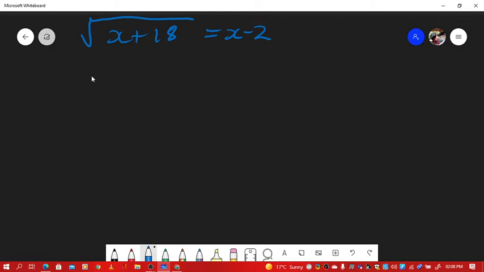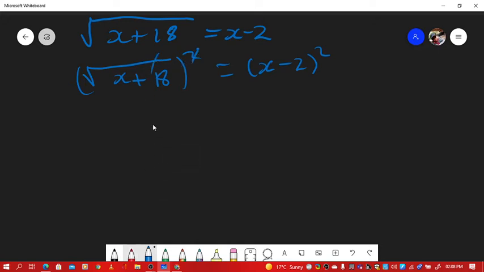So if we square both sides, we are going to have the root of x plus 18. I'm sorry, it's 18, not 8, plus 18 squared, which is equal to x minus 2 squared. So the square is going to cancel the square root here.